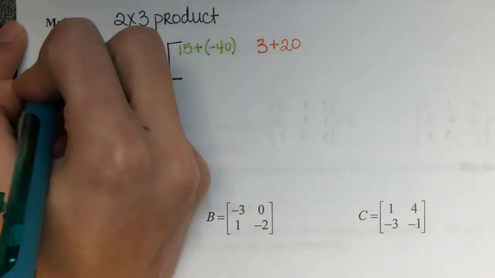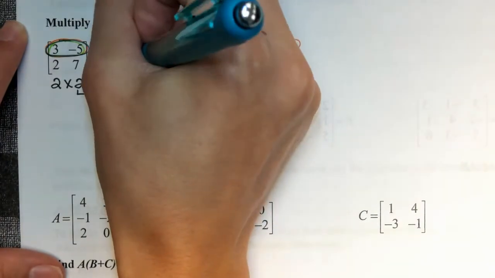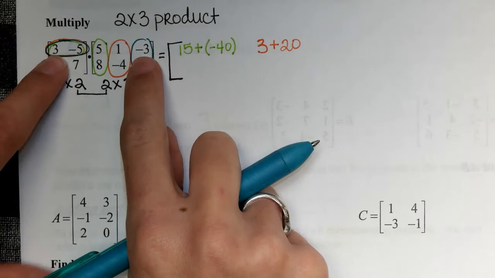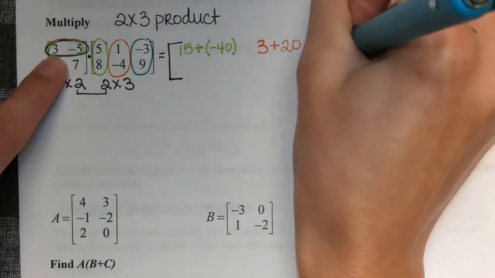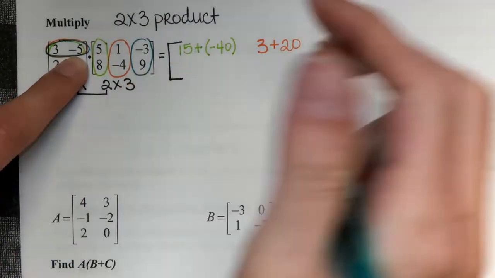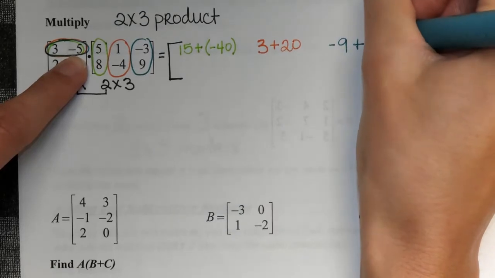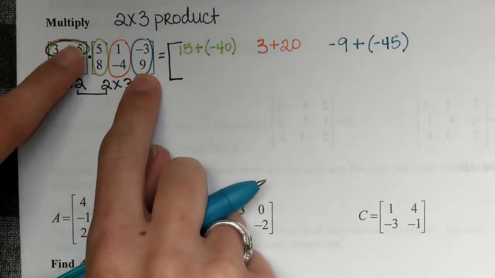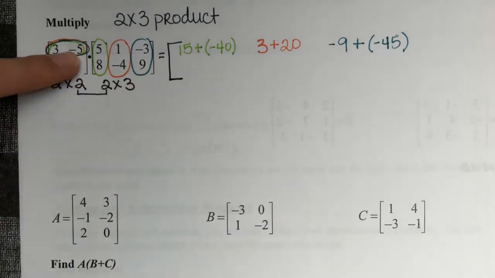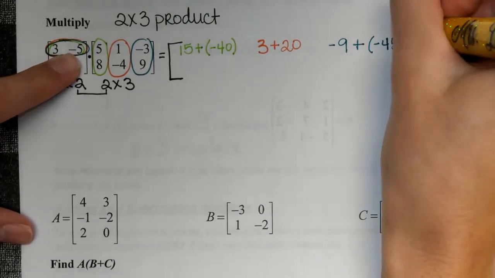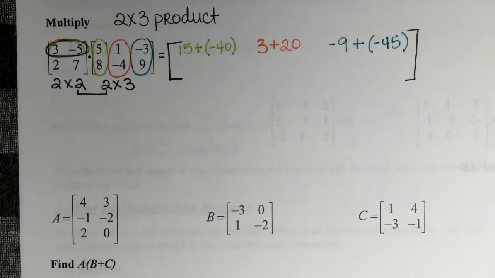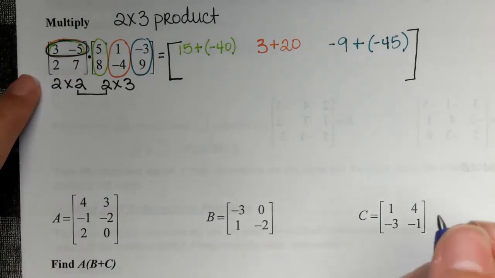Then I'm taking first row, third column, okay, 3 times negative 3, plus negative 5 times 9, negative 45. We good with that? Okay.